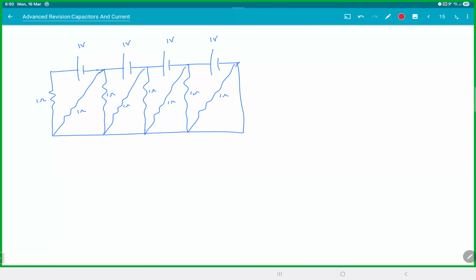All right, so this was A and this was B. Find VA minus VB. You can add one more resistor here also.